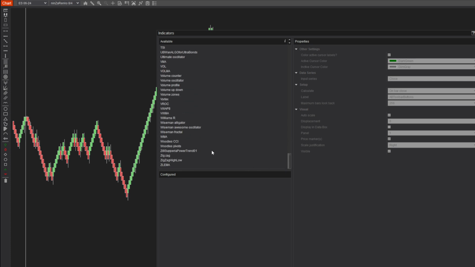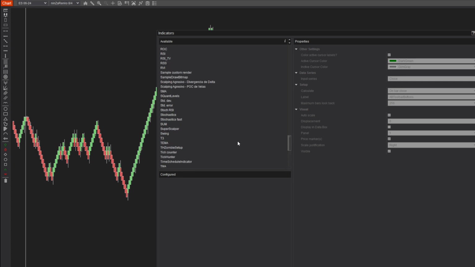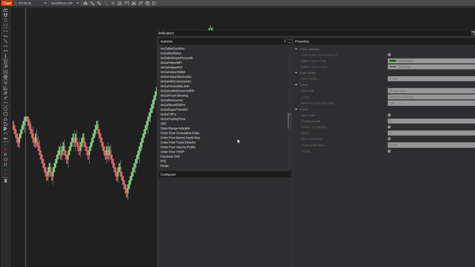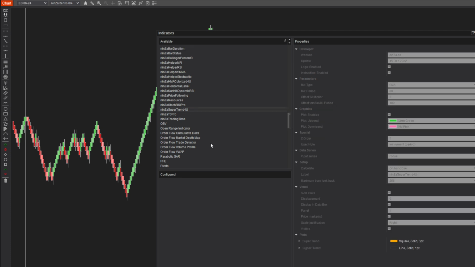Now, I have different versions of the super trend, and I can potentially provide the one that I use so you guys can see. But I have one here provided by Ninjatrader, Ninja.com, and it's an old version of the super trend.